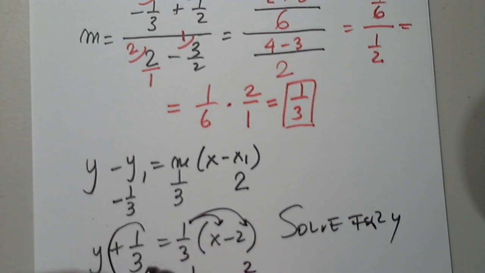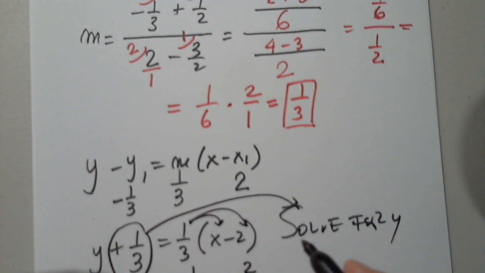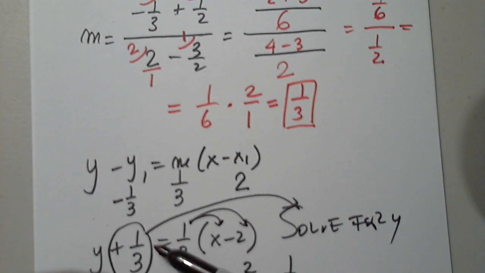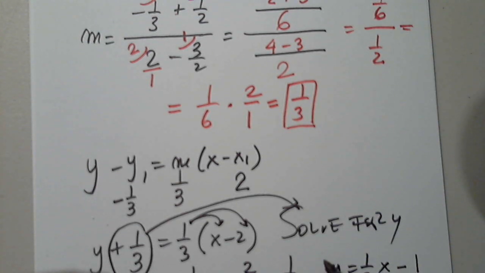And remember, 1/3 moves to the other side, -1/3. So that's your y. So I distributed 1/3 to these two terms. And also, in the same row, I moved 1/3, which is positive, to the other side and becomes negative. So this is y equals 1/3 x. Negative 3 over 3 is negative 1.